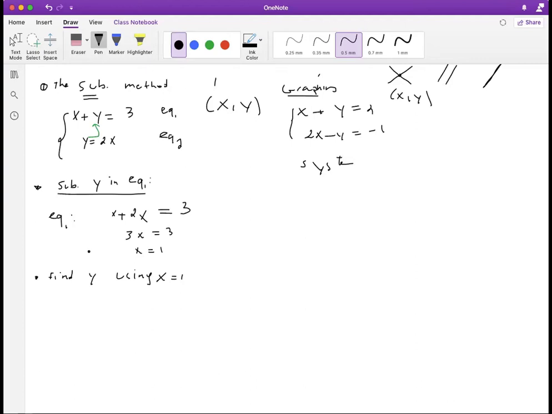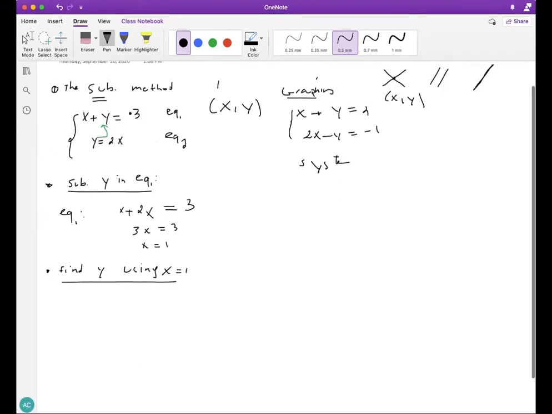So there are 2 steps. Find one variable, then use that variable to find the other. So we substitute this here, we solve this, so now we have x, but we're still missing y. So to find y, we're going to use one of these equations. Usually one of them is more convenient and easier than the other.